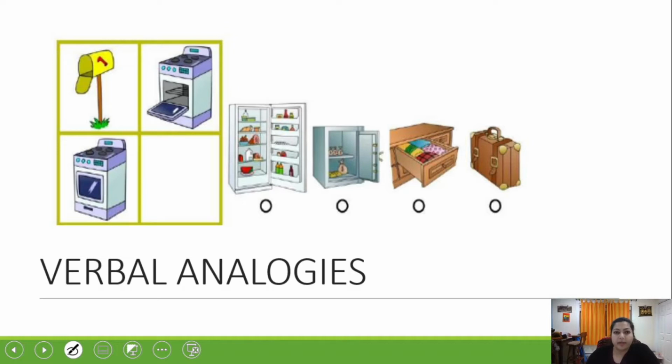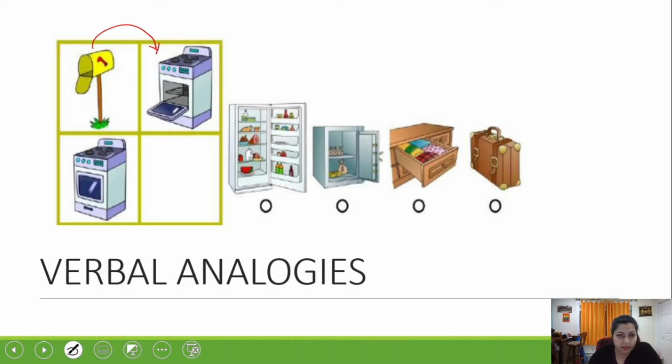So, verbal analogy. If you've watched my screening video, this will be familiar to you, but for my new viewers, I'll go over this quickly. This one is a post which is becoming an appliance. That's one way to do it. But what is the detail here that is common?